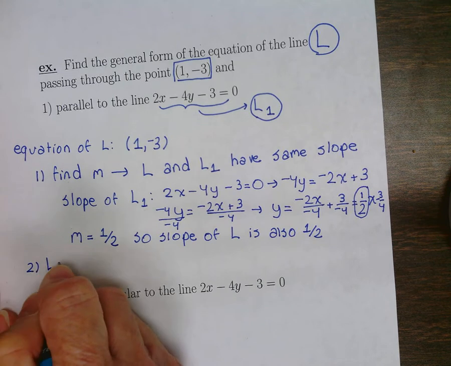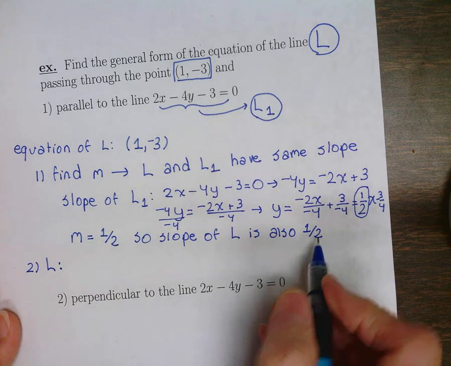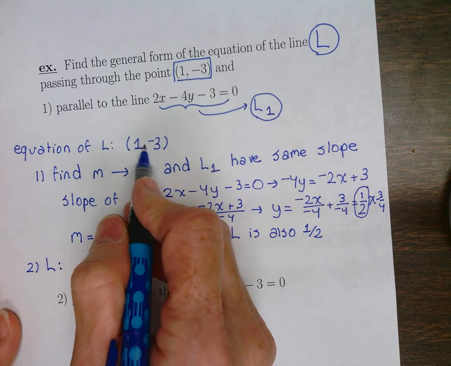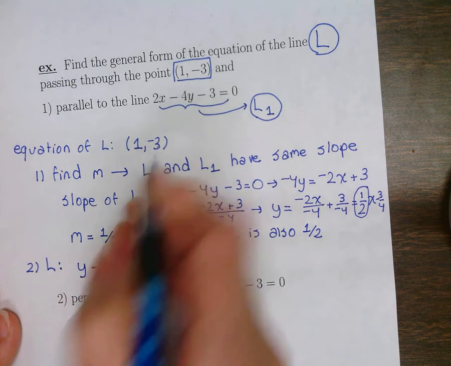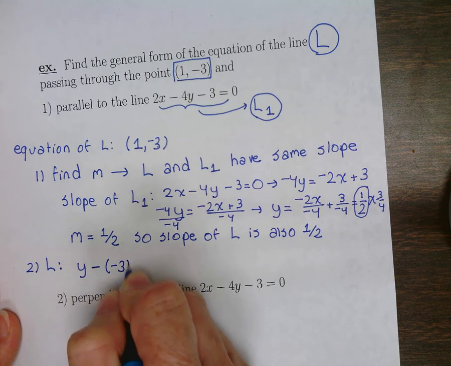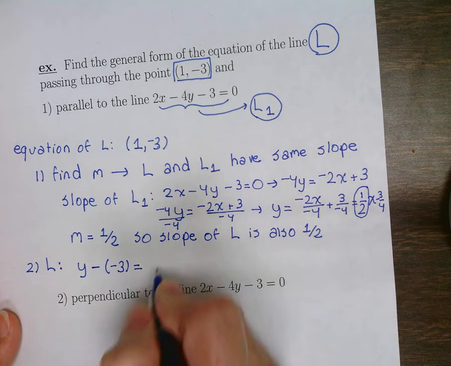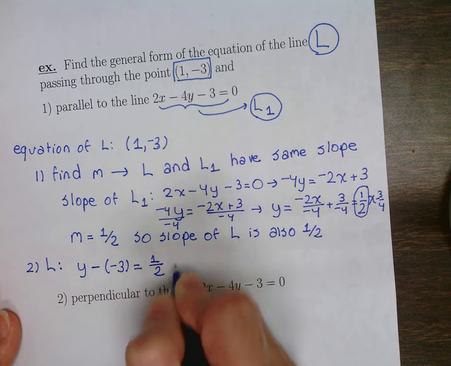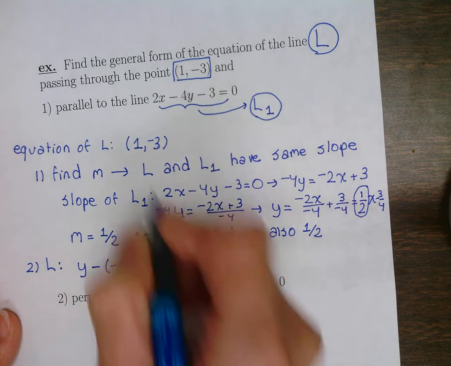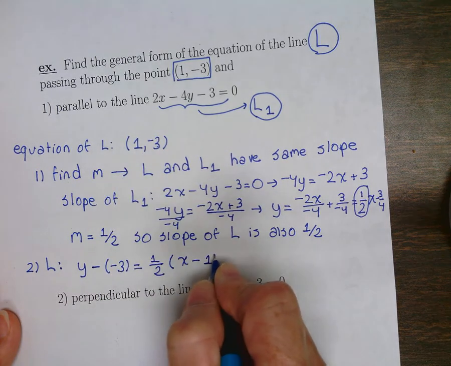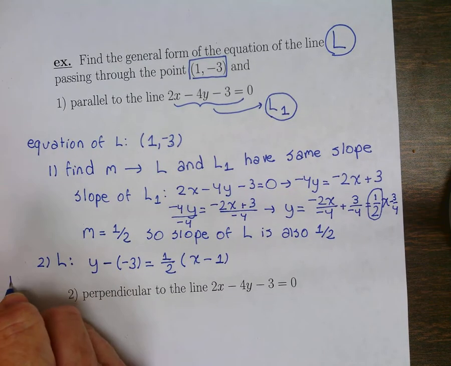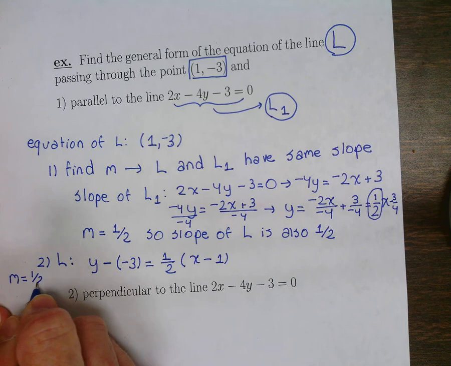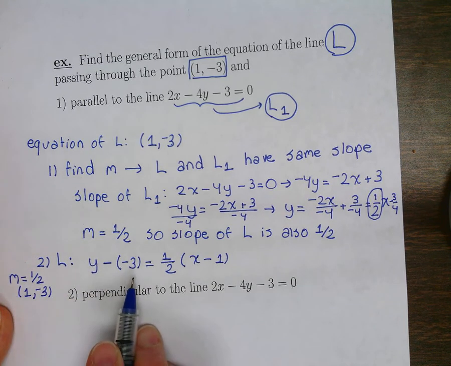Okay, now I'm writing the equation of line L. I know that the slope is 1/2, and I have a point. So I use the point slope formula. Y minus a negative 3 equals the slope, which is 1/2, times x minus 1. All right, so again, this line L, I know that m is 1/2, and I know the point is 1, negative 3, and that's the equation.